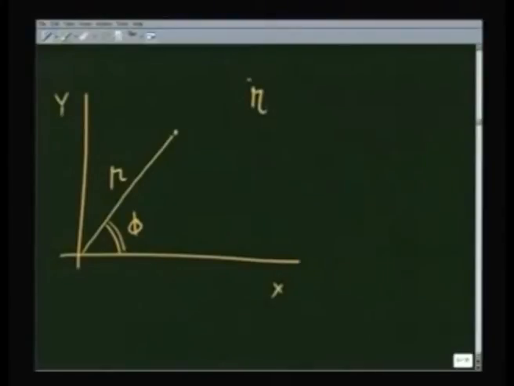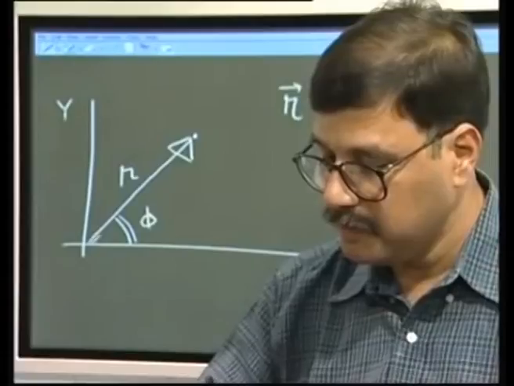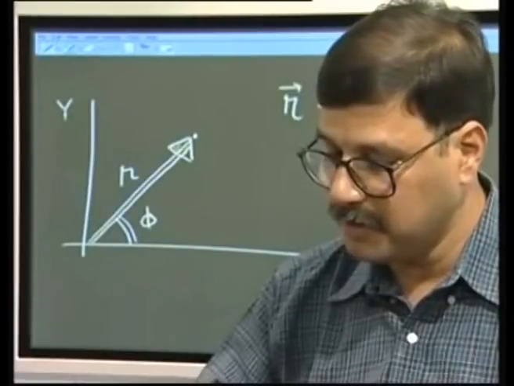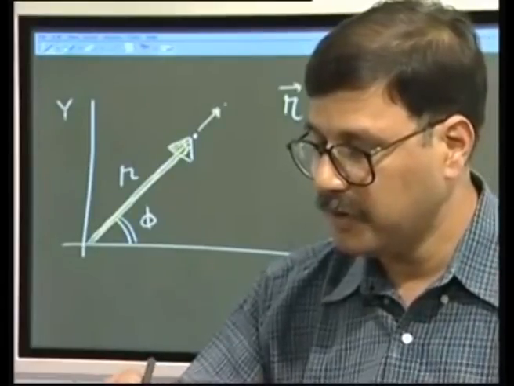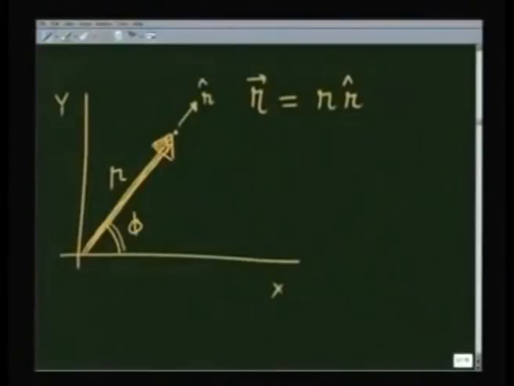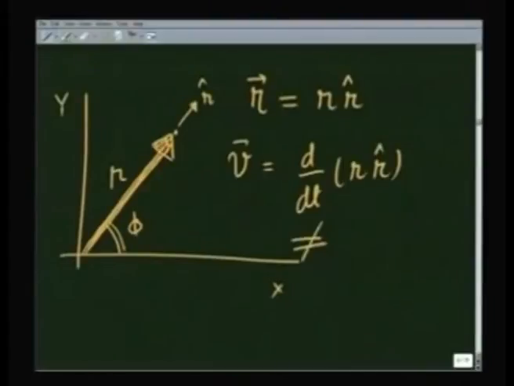So, position vector r of the particle is going to be given as r times the r unit vector, because this is the displacement vector of the particle, and this is unit vector r. Velocity is going to be d over dt of r unit vector, and this is not equal to just r dot r, because the particle is not just moving in this direction, it is also moving in this direction.